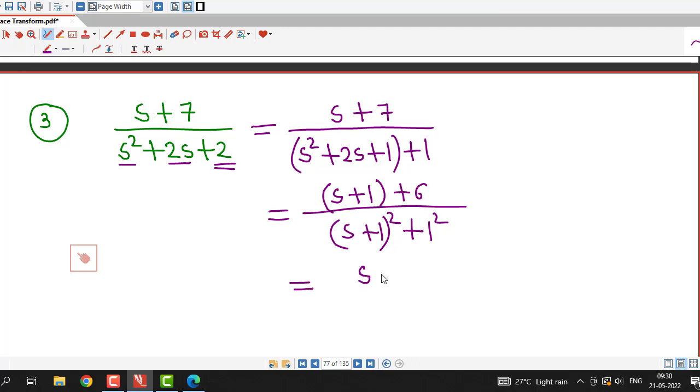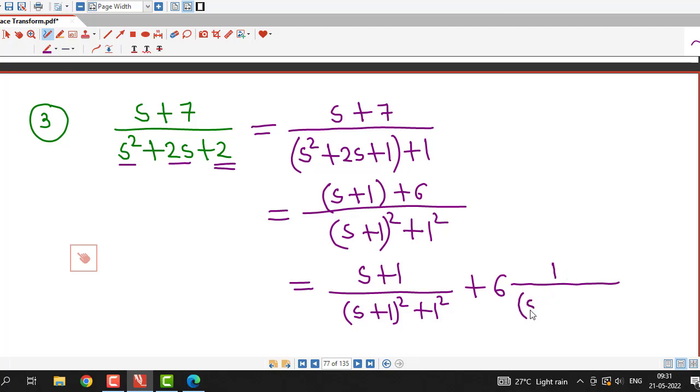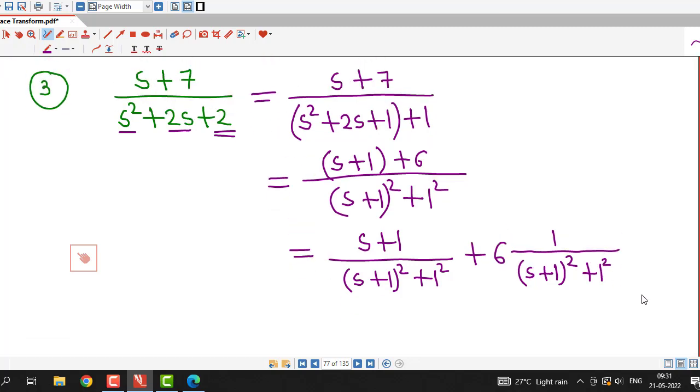Now I can rewrite this as (s plus 1) divided by (s plus 1) square plus 1 square, plus 6 times 1 divided by (s plus 1) square plus 1 square. This is our function which we have written in terms of functions whose inverse Laplace transform formulas are known to us.